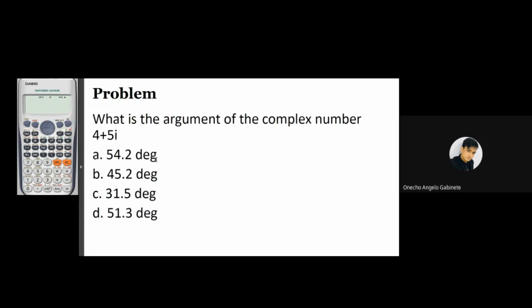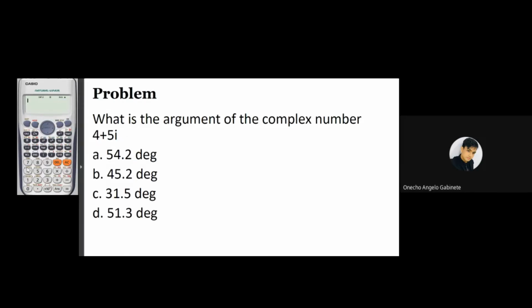Next, what is the argument of the complex number 4 plus 5i? Go to shift, number 2 for complex, number 1 is argument, then 4 plus 5i. The answer is 51.34 degrees.